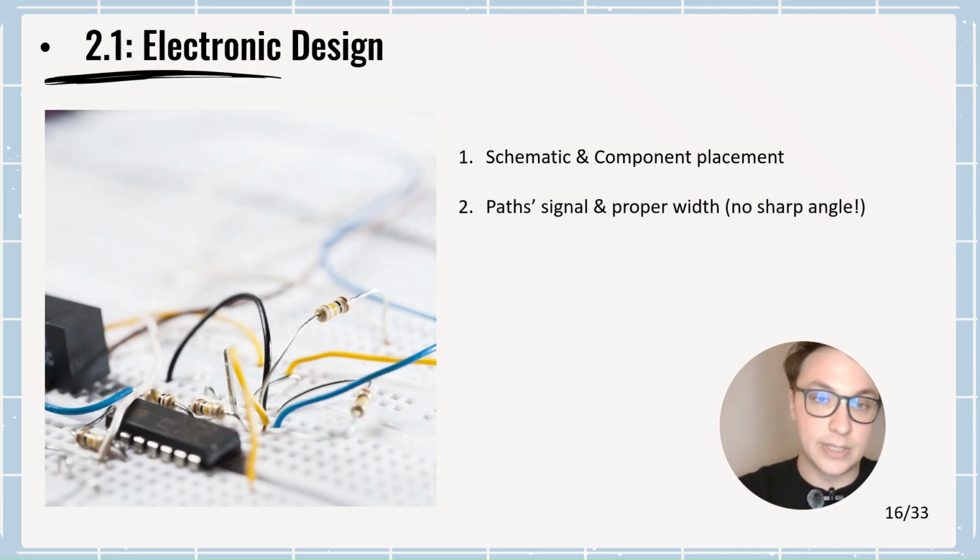The signal paths and of course their related width are very important, because we would like to keep separate all the signals we are collecting, especially the DC and the AC signals, and of course the width of these paths.